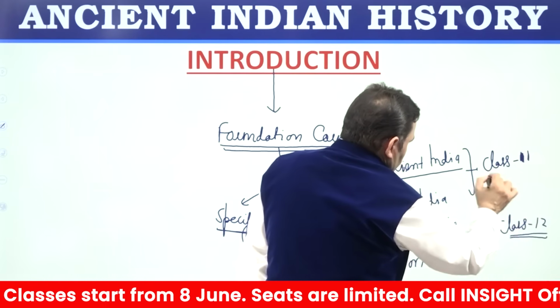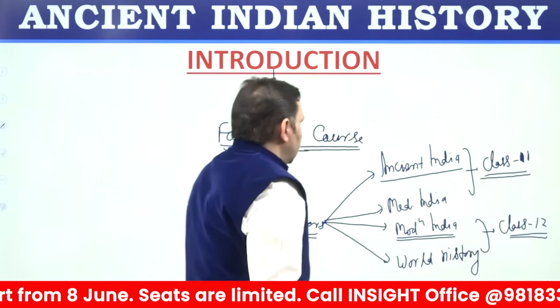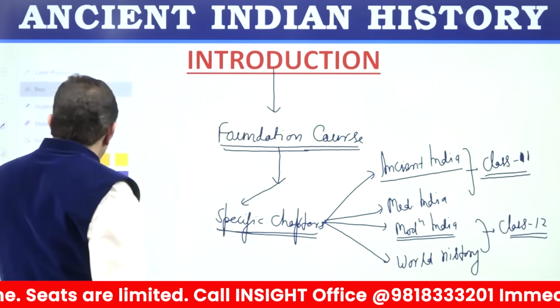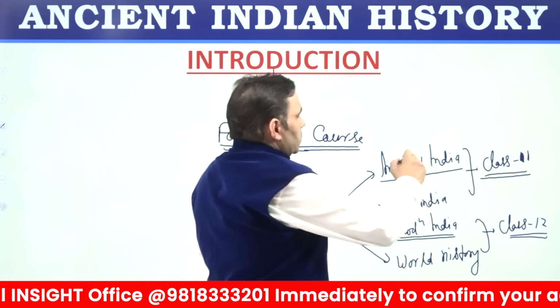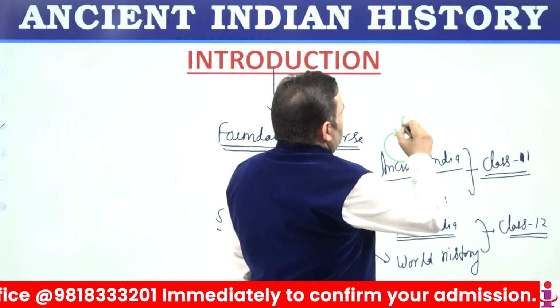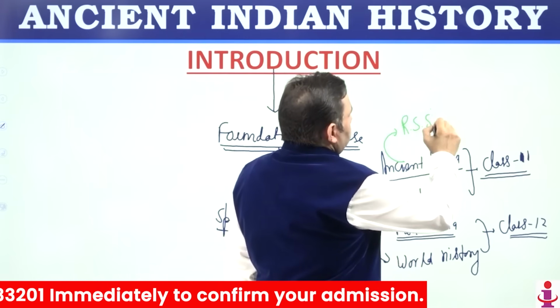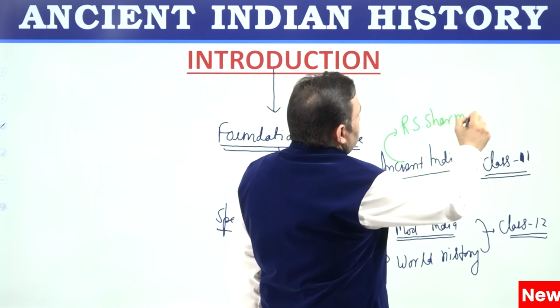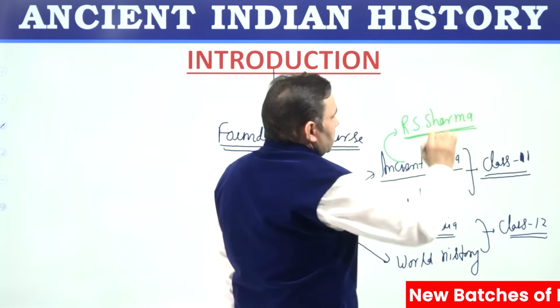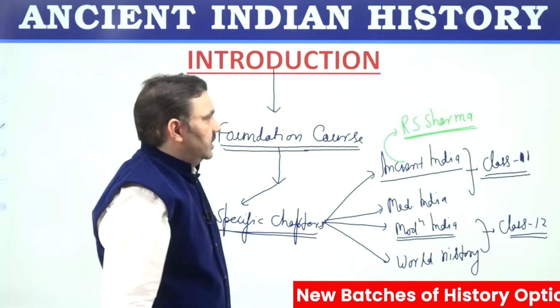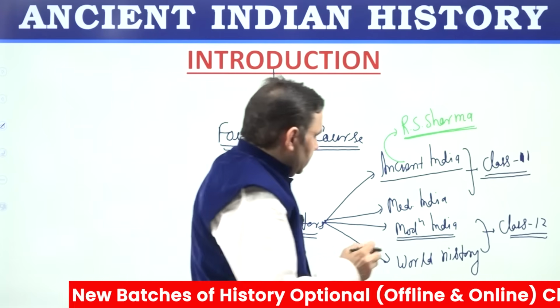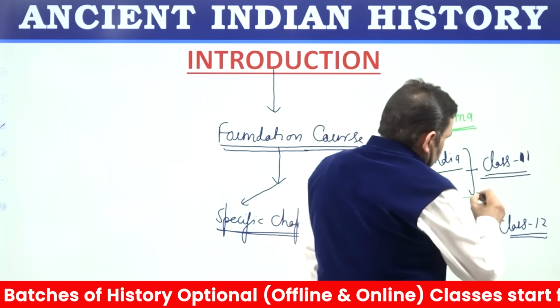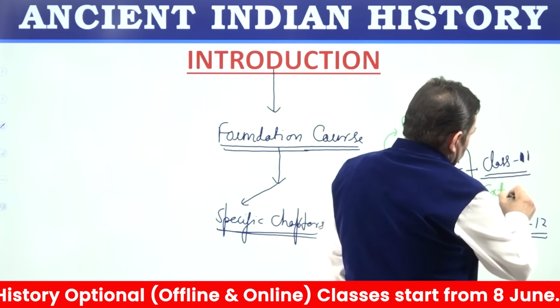Authors of NCERTs also you have to keep in mind. Ancient India NCERT is of R.S. Sharma. In all NCERTs there are different versions, so you have to pick up the NCERT written by R.S. Sharma. This Medieval India NCERT should be written by Satish Chandra.